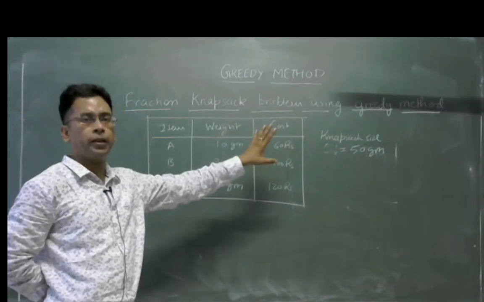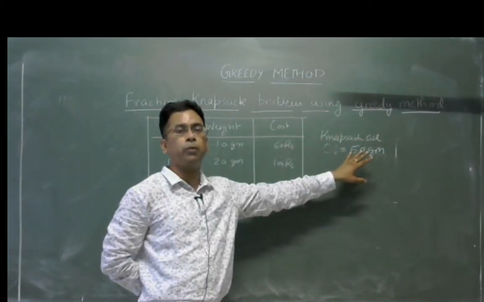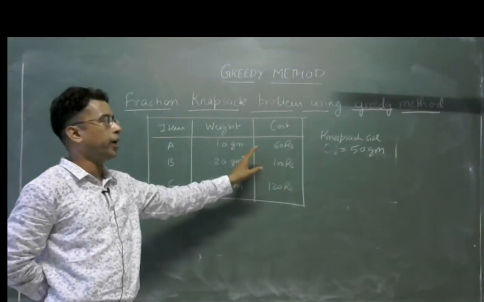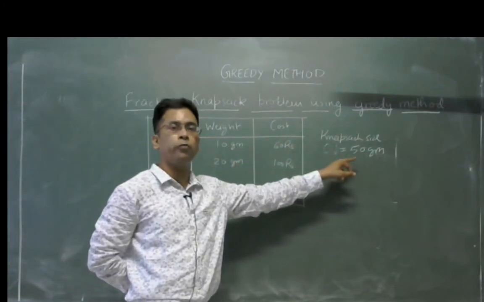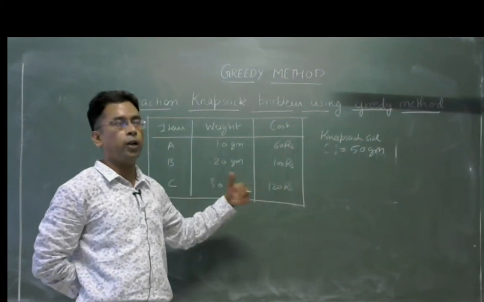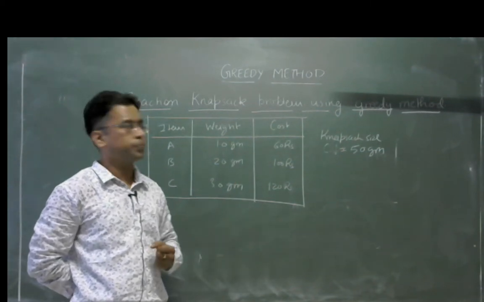Knapsack, you may simply name it as a bag. There is a bag which can hold a maximum of 50 gram of weight, and these are the items with their weight and cost, and you have to fill this bag with the items so that the bag has the maximum value.